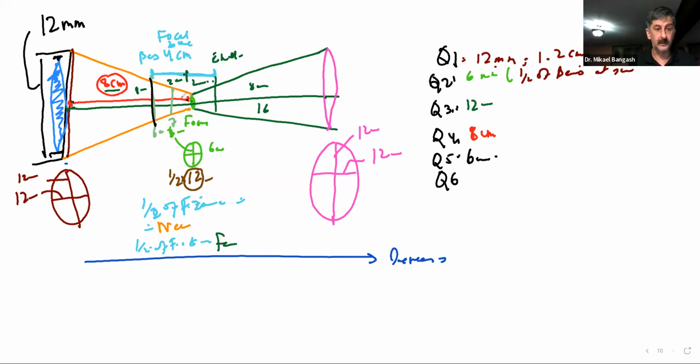So you can say these 8 centimeters, another centimeter, and another centimeter. So 8 plus 1 is 9, plus 1 is 10. So it's going to end at a depth of 10 centimeters. That's what marks the end of your focal zone.